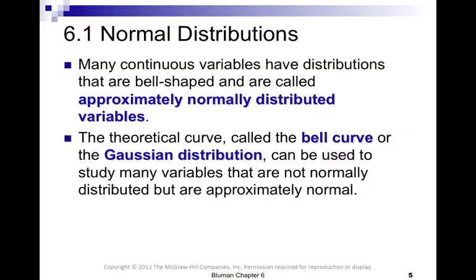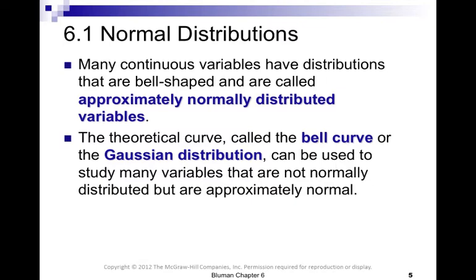Many continuous variables have distributions that are bell-shaped and are called approximately normally distributed variables. You've probably heard talk about things fitting the typical bell curve or the Gaussian distribution.